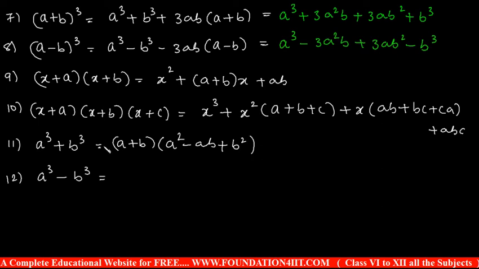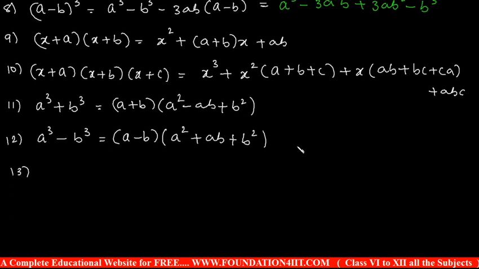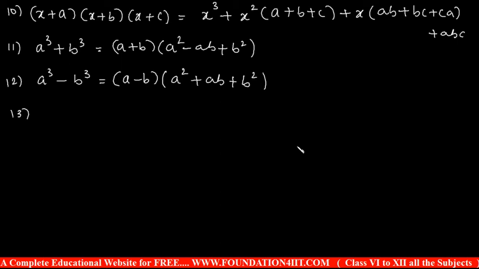If it's plus first, then minus comes next. For a cube minus b cube, start with a minus b, then a square plus ab plus b square. By seeing the difference, you need to learn. These are formulas 11 and 12.